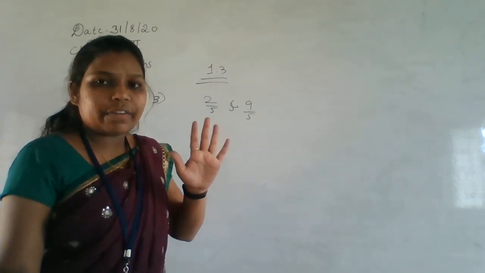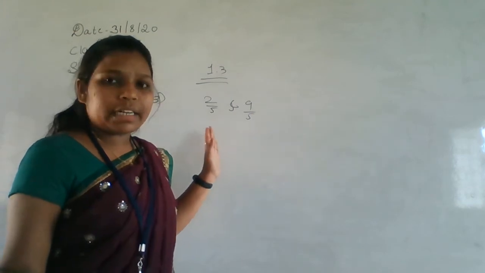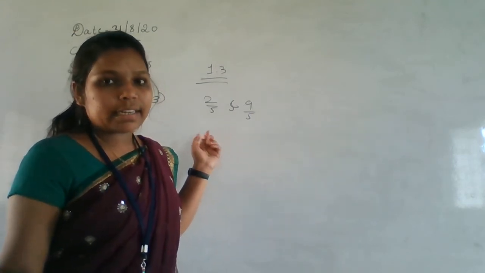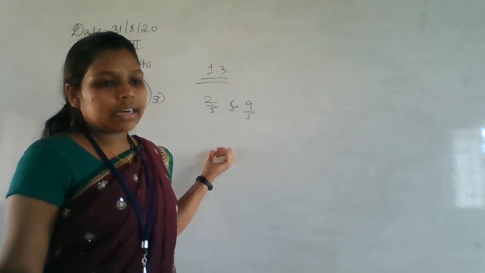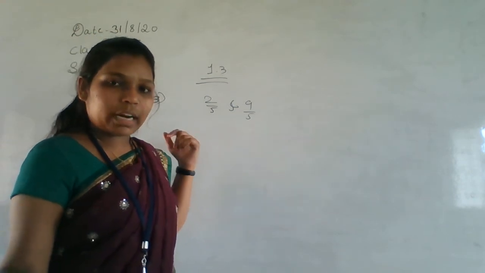But we want only 5. So no need to multiply anything here. Just write directly the rational numbers in between these two rational numbers.